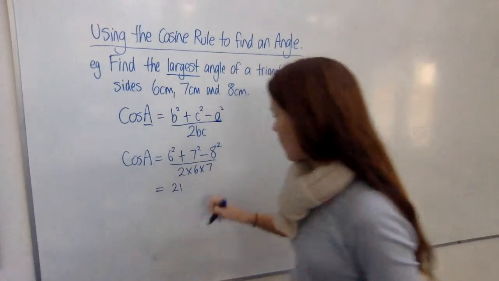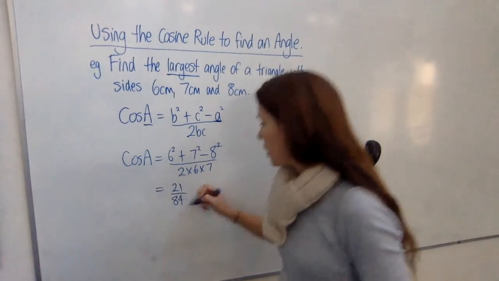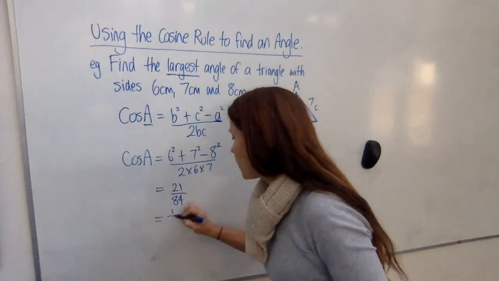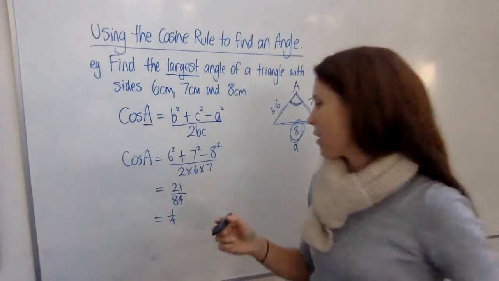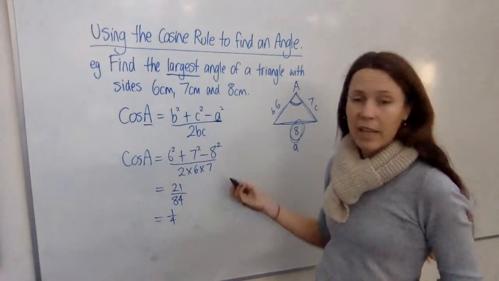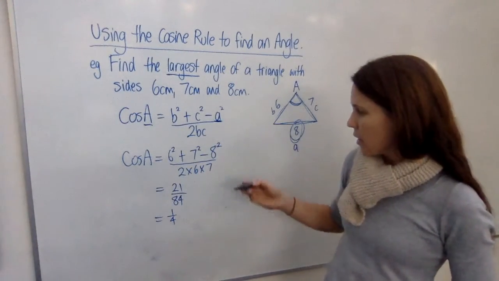I've got 21 on the top, and on the bottom I've got 42 times 2, so I've got 84. See, 4 lots of 21 is 84, so I can see I've got a quarter. Now you might think, no, I won't do that, I'll reach for my calculator, but sometimes doing the arithmetic by hand can be just as quick or easy, depending on how quick you are with your calculator.